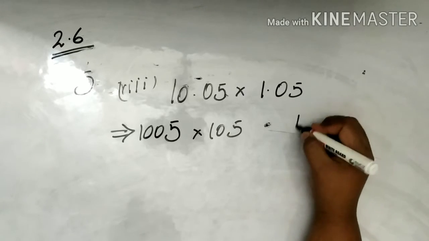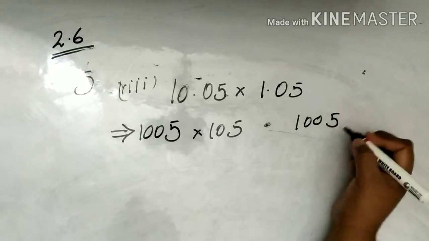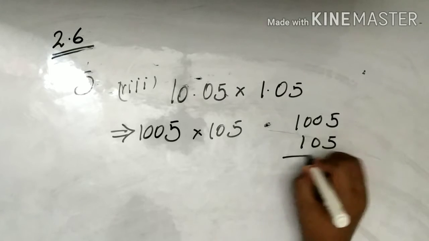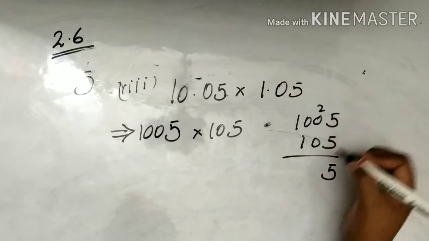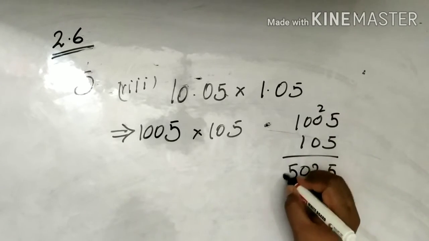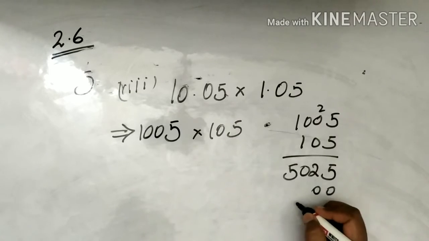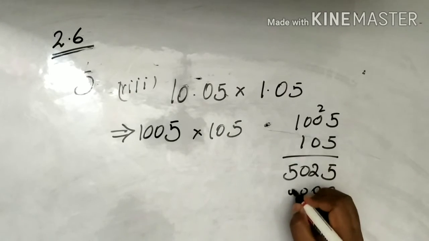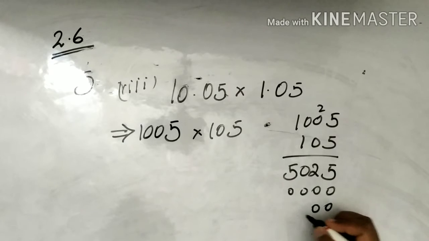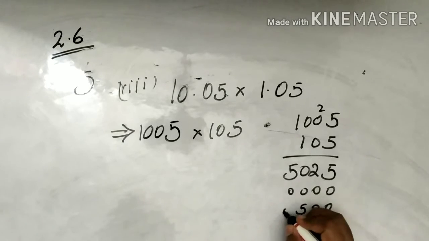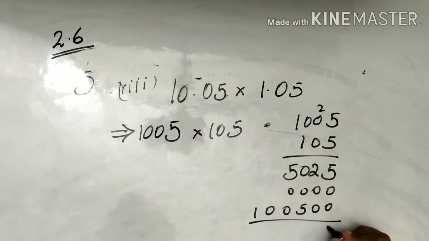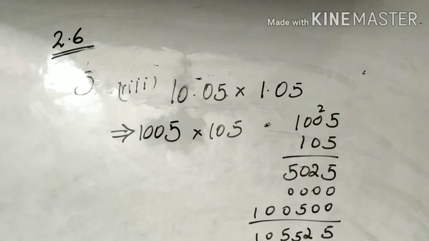Let's do the multiplication. 1005 into 105. 5, then 0, 0, that will be 0, then 0, 0, and 5, 0, 0, 1. Right? So here you have the answer.